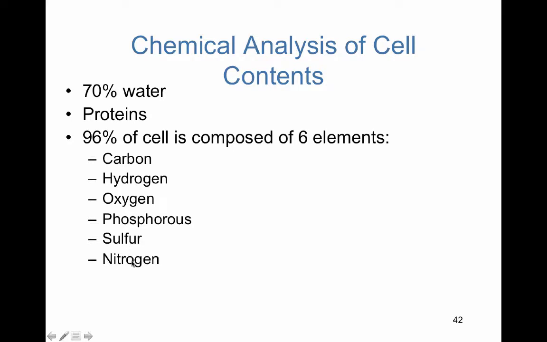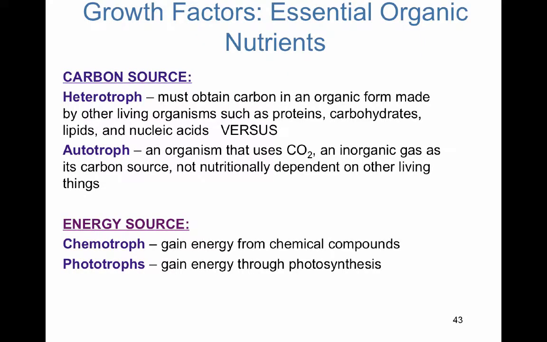We're going to be coming back to how some of these elements are fixed by microbes in the biogeochemical cycles. So there are free forms, gas forms of carbon, nitrogen, sulfur that are converted to fixed forms by microbial processes, and these are critical for recycling these elements in our environment.